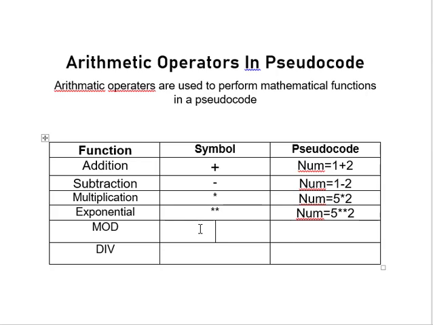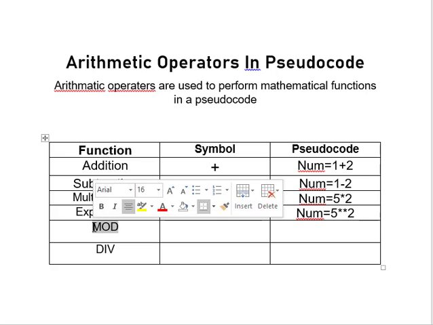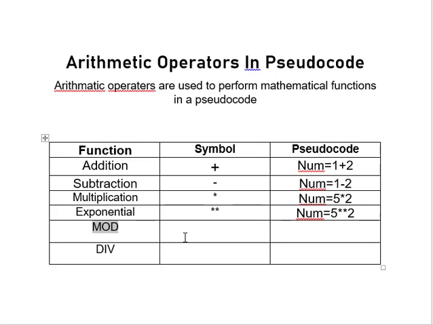Now comes mod. Most people tend to get confused about mod. Mod has the same format as I have written in the functions form. If you're writing pseudocode, you're going to write it in this same form over here. But the difference between mod and division is that mod is going to give the remainder.